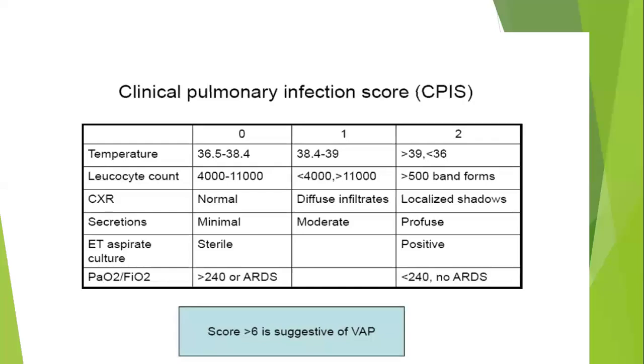You want to look at secretions, whether they are minimal, moderate, or profuse, and at your tracheal aspirate or bronchoalveolar lavage to see whether any pathogens are cultured. Then you look at your oxygenation index, your PF ratio, and this will help. So a score greater than 6 is suggestive of ventilator-associated pneumonia, and that will make you start empirical antibiotic treatment.